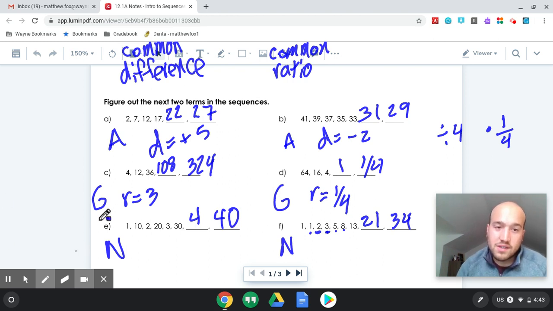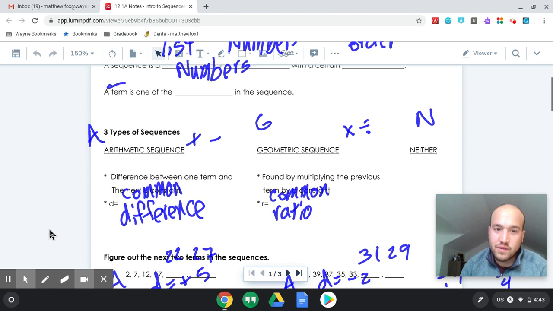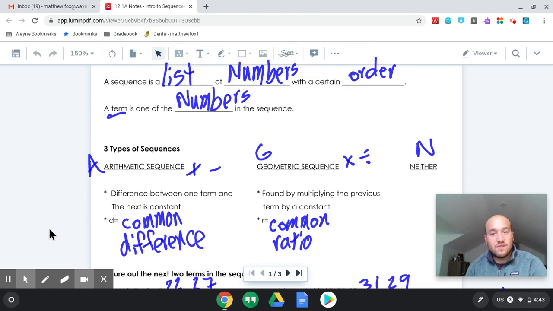So the big takeaway from today's lesson: a sequence is when we have some sort of consistency happening. It's a list of numbers that have some sort of order about them. And now we need to take the different types. Arithmetic, this is when we're adding or subtracting, and we can use D to represent the common difference. And then G is our geometric sequence. This is more when it looks like it's multiplying or dividing.